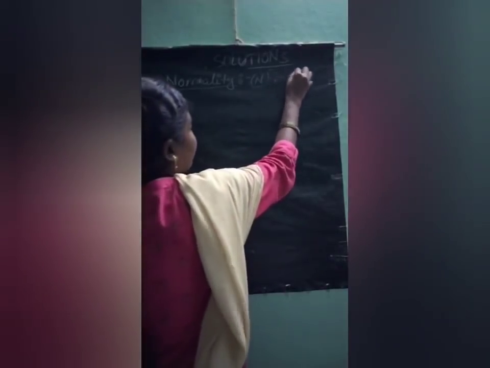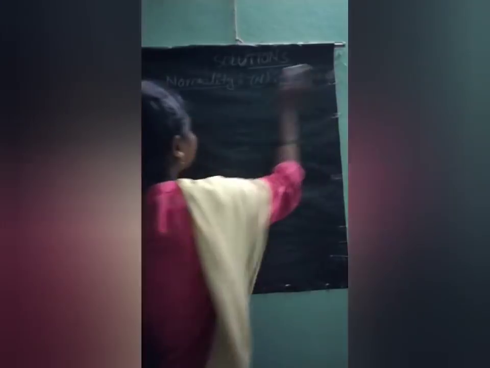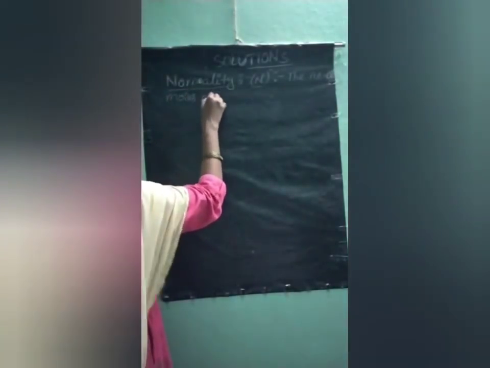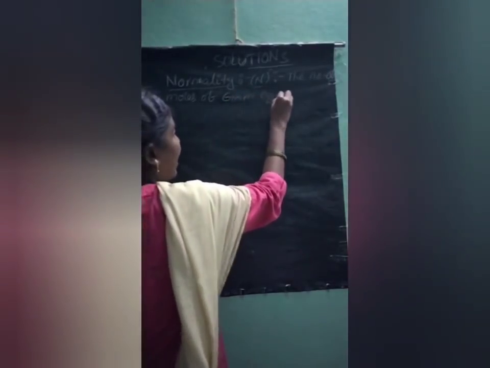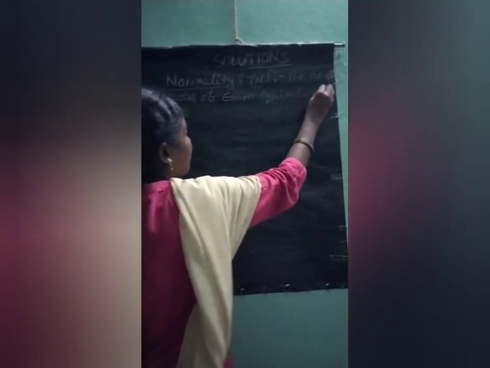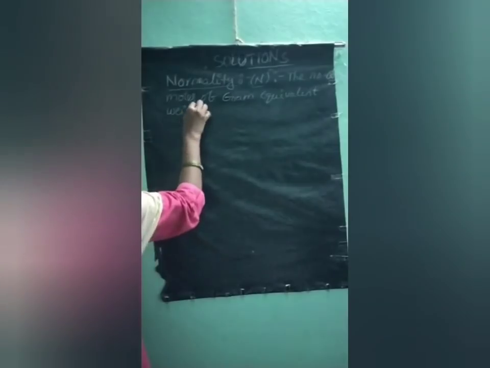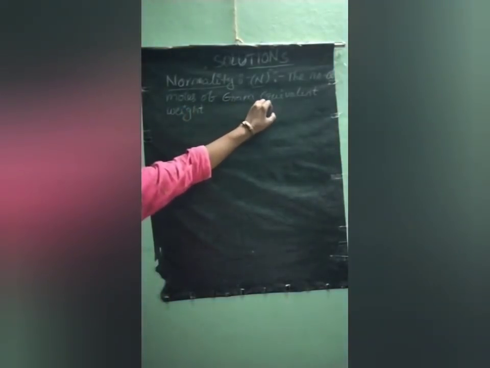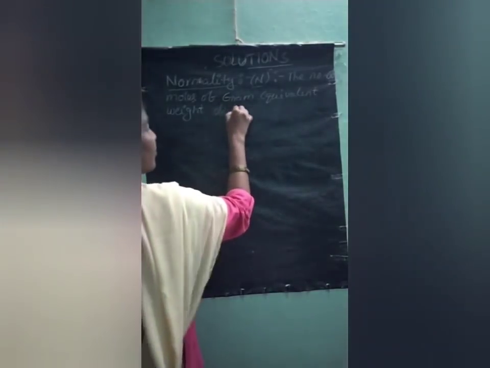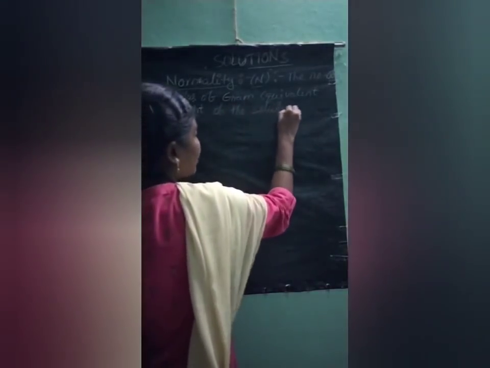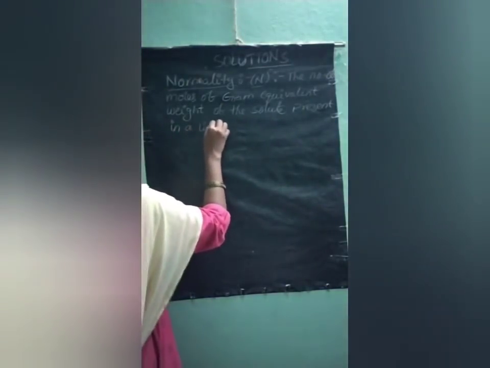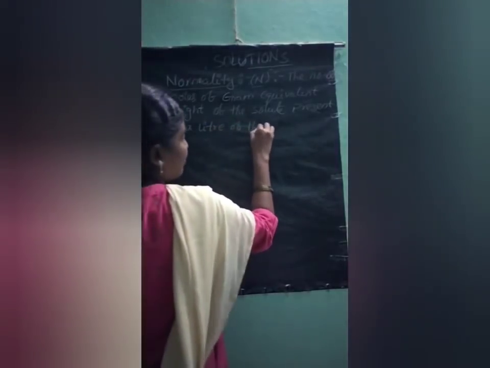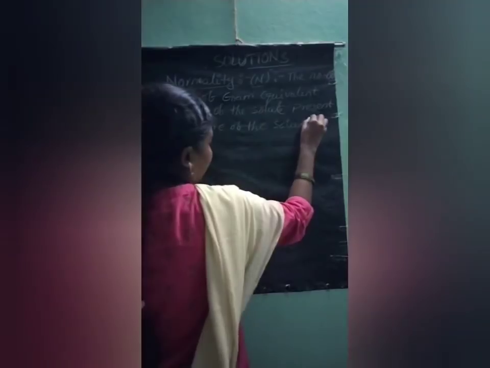The number of gram equivalent weights of the solute present in 1 liter of the solution is known as normality.